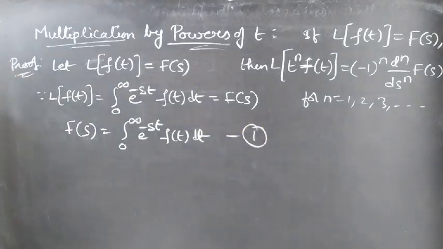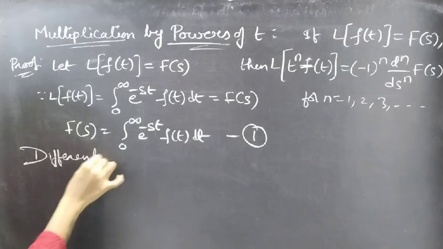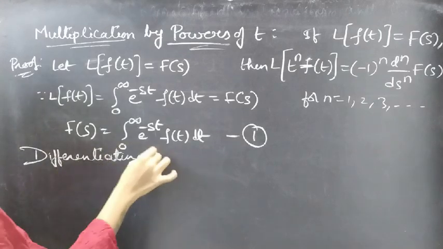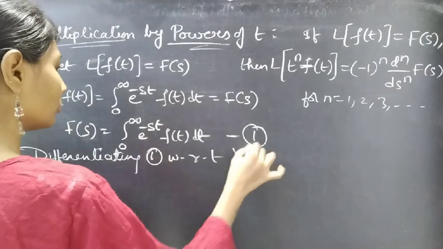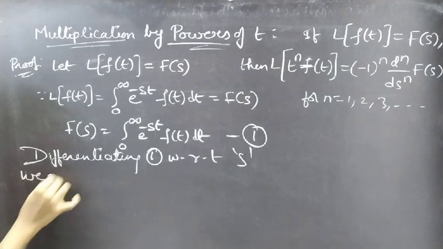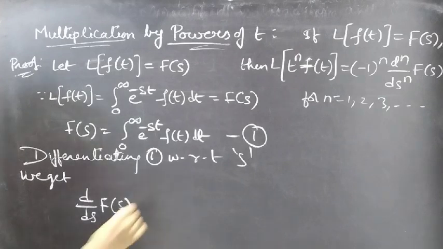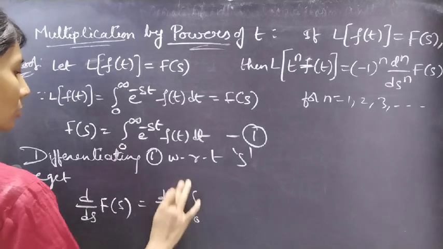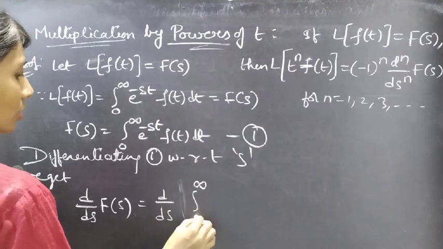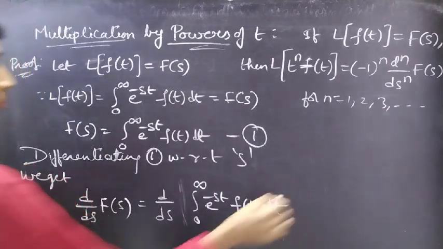Now differentiating 1 with respect to s on both sides, d by ds of F of s equal to d by ds of integral 0 to infinity e power minus st f of t dt.